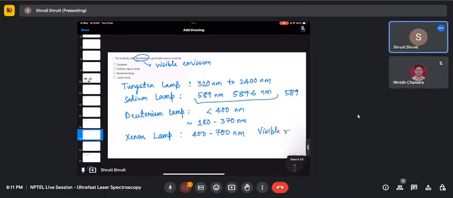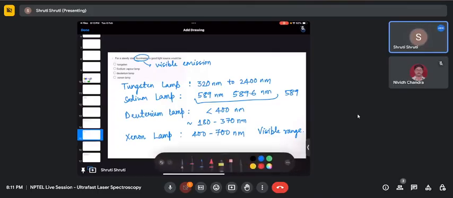Can you see my screen now? Yes, I can see the screen. So this course, Lasers: Fundamentals and Applications, is completely on lasers, 40 lectures. If you want, you can go through this one.